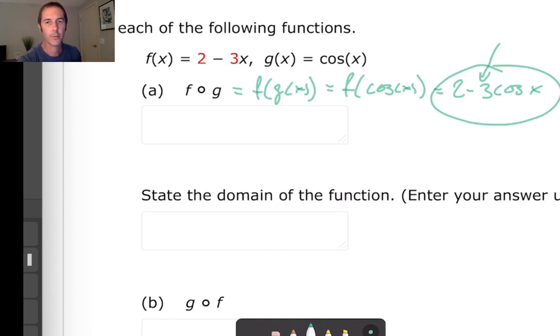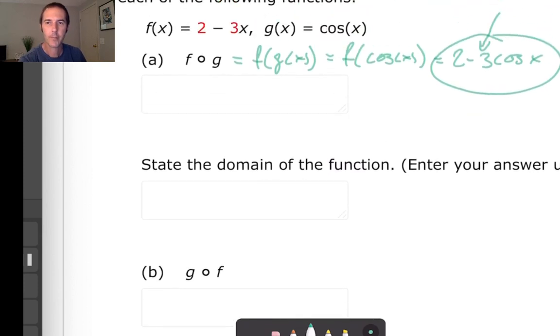So that would be a vertical stretch. So all of a sudden your range would not go from negative 1 to positive 1, it would go from negative 3 to positive 3. And then the 2 that's out there would cause a horizontal shift, sliding our graph to the right 2 units, not impacting the domain and also not impacting the range.